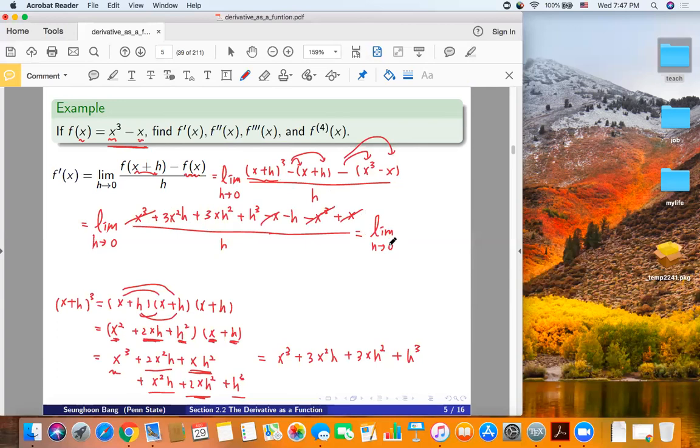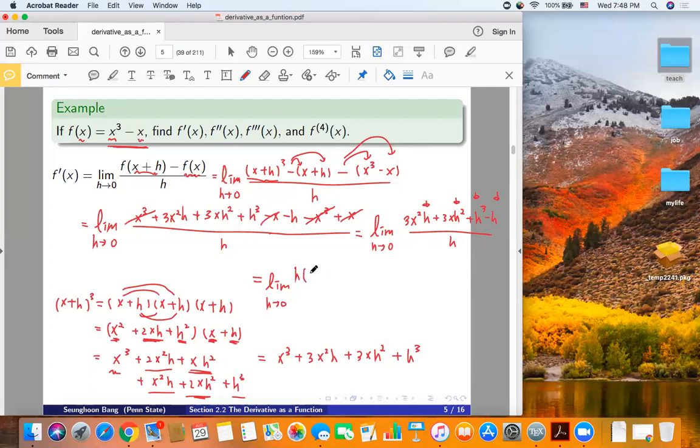As h approaches 0, the remaining part is 3x squared h plus 3xh squared plus h cubed minus h, all over h. The h is a common factor, so you factor out h.